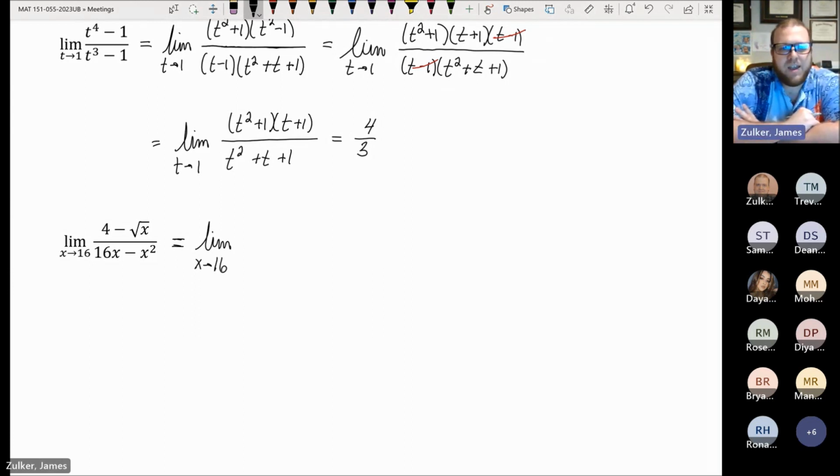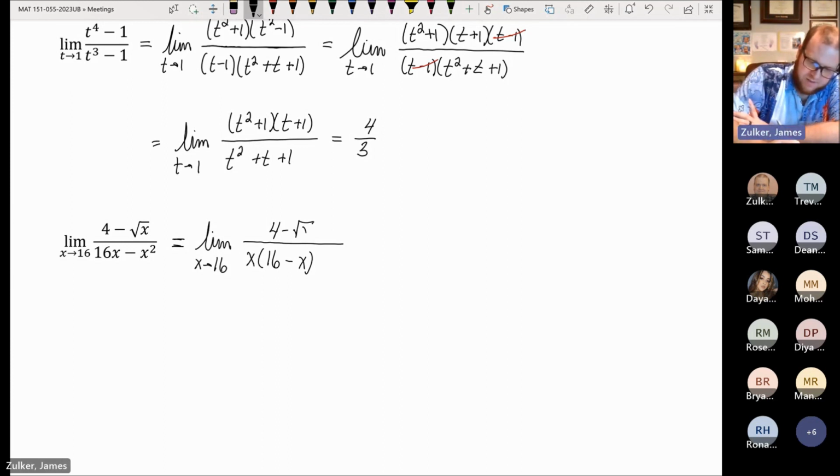All right, let's try factoring. We can factor an x out of the denominator. We're left with in the denominator x times 16 minus x. This still leaves us with 0 over 0.